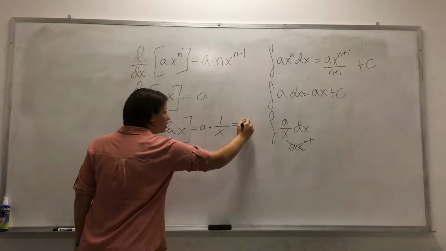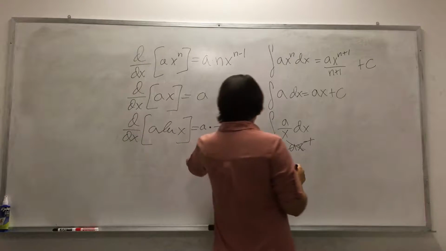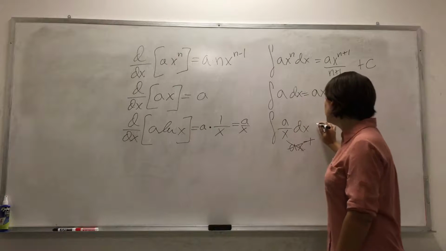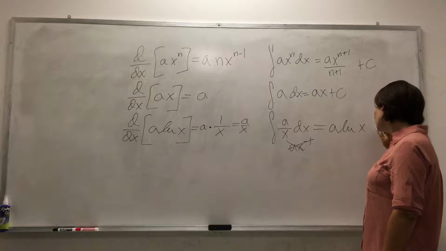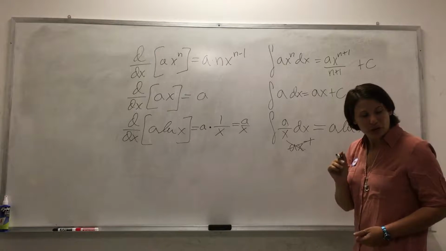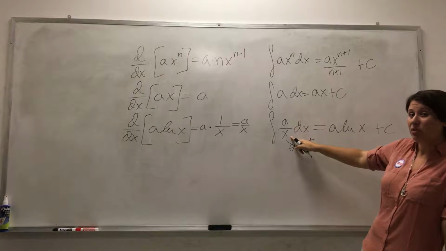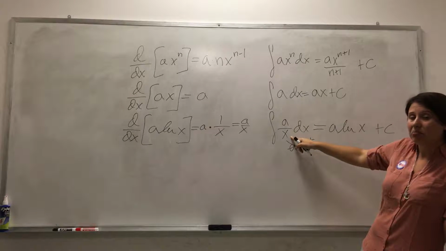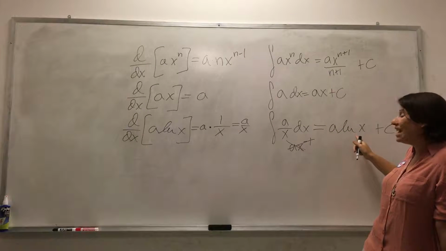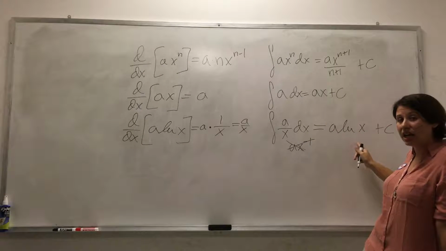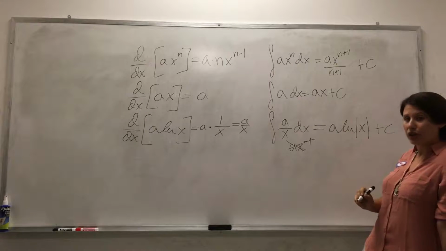Simplify it out to be just a over x. Well, that's exactly what we're starting with. So that means we need to go backwards. So that means we get a ln of x plus c. Except for one little thing. So, on this, we can plug in whatever we want for x, right? Negative or positive. So it doesn't matter. But we cannot take the natural log of a negative number. So we have to fix it by just putting absolute values on it. Okay?